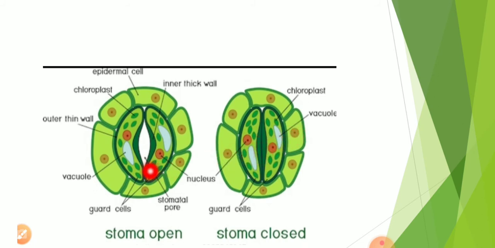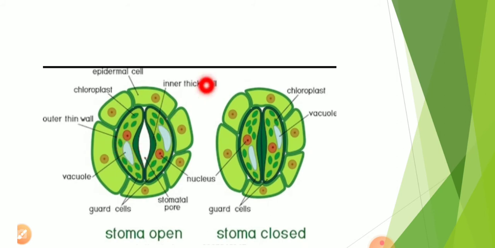So the opening and closing of stomata varies in plants. In the case of xerophytes, stomata are normally open during the night time and closed during the daytime. But in mesophytes or hydrophytes, stomata are open during the daytime and closed during night time.